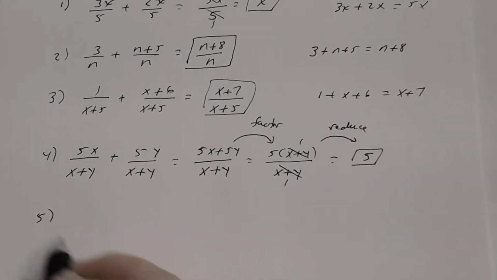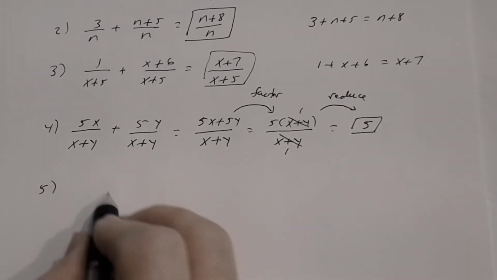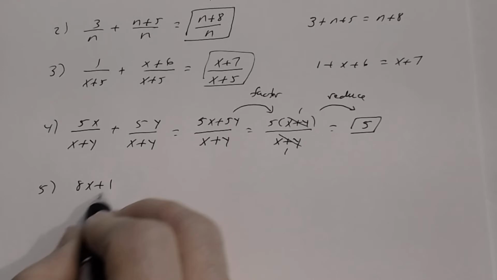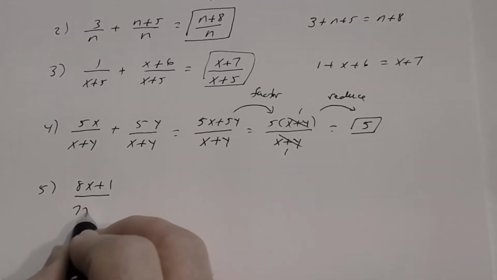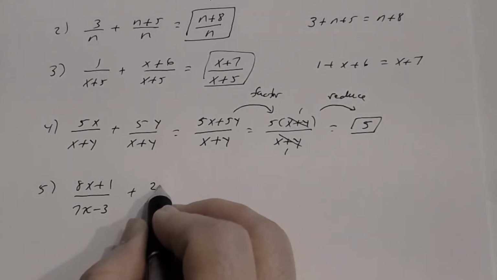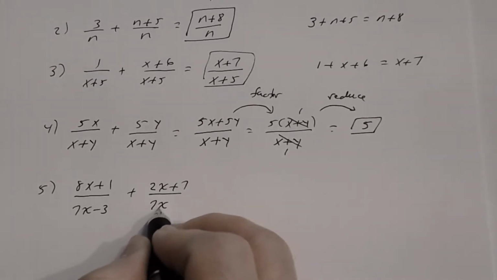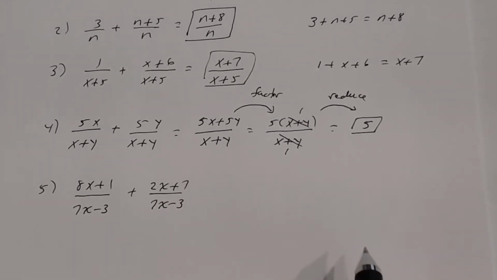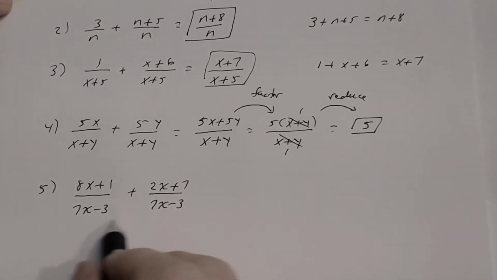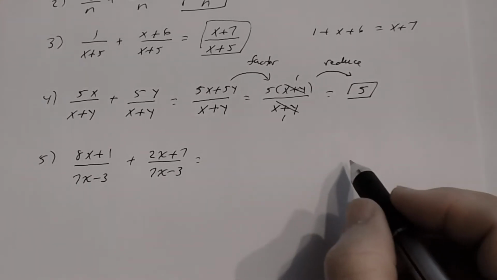All right, number 5. Number 5, we have 8x plus 1 divided by 7x minus 3 plus 2x plus 7 divided by 7x minus 3. And so notice the denominators are the same, so I'm going to go ahead and add their numerators.